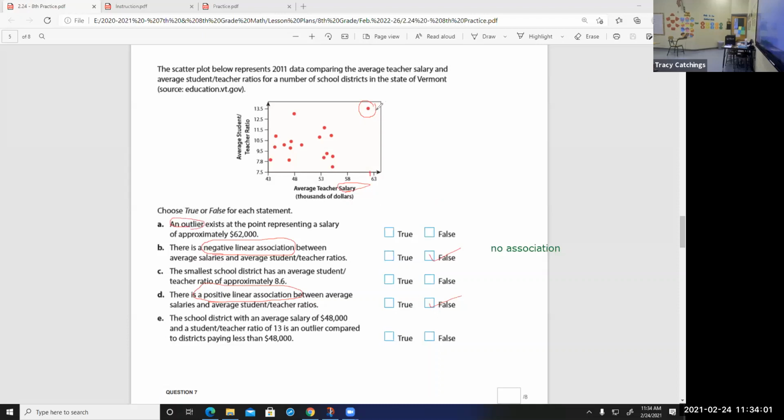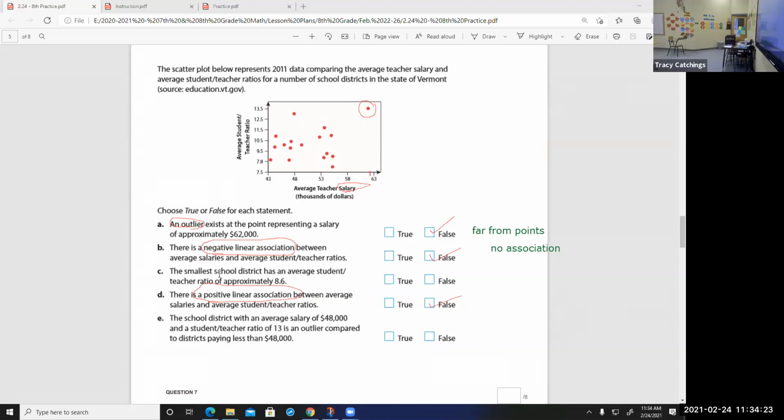Is it close to all the points? It's far away from the points. Although it doesn't have an association, most of these points are right here. So that means that point should be somewhere over here.